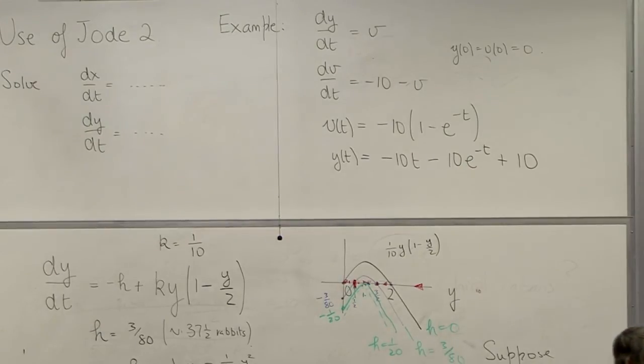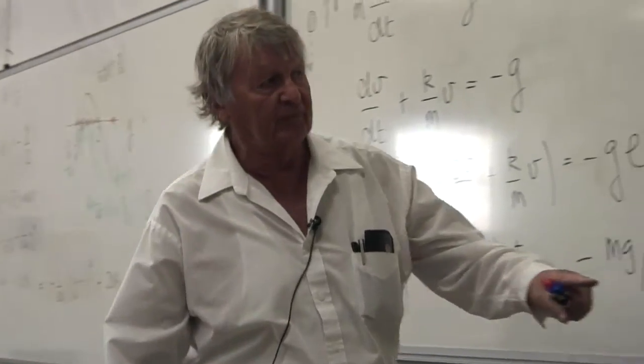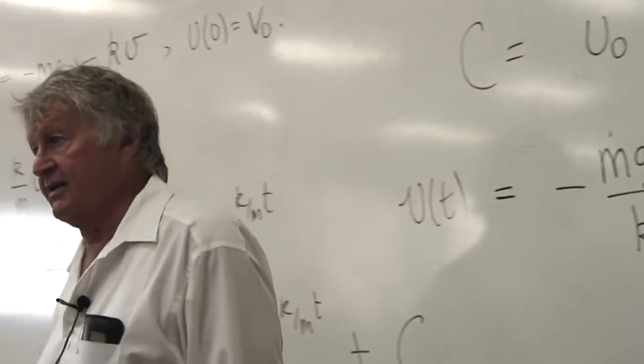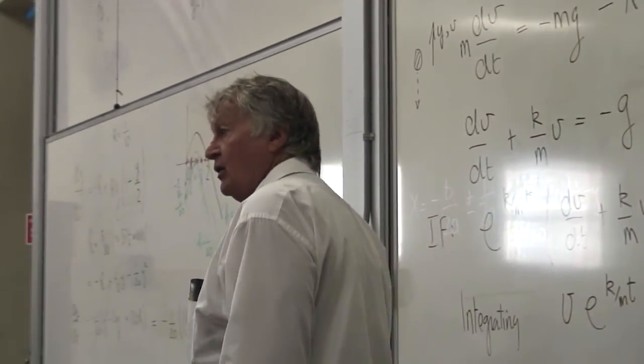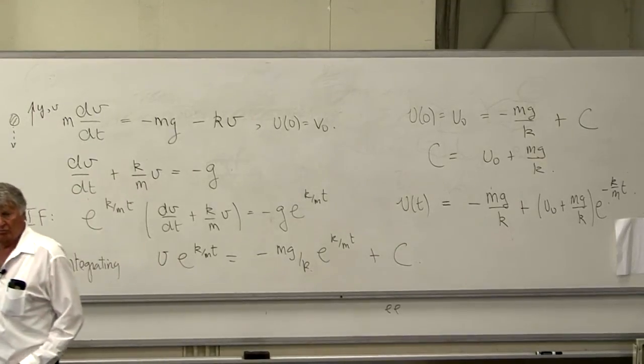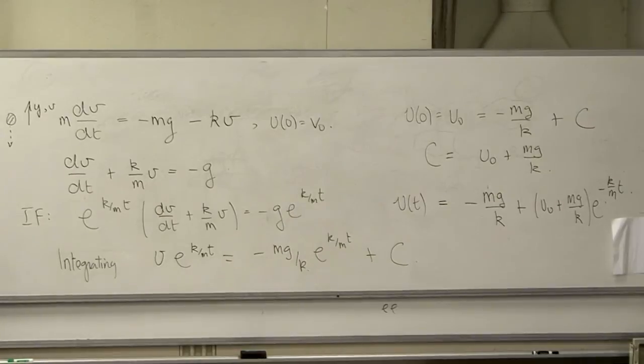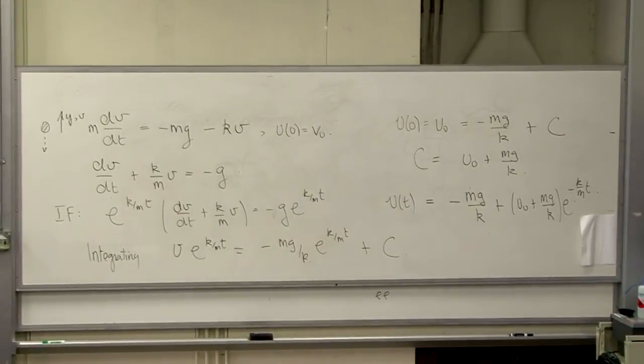Well, in that case, we took v0 to be 0, so this is minus 10 plus 10e to the minus k over m t. Only k over m, in our case, we took to be 1, so it's just e to the minus t. Is that all right?